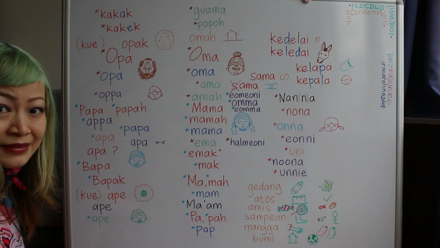In West Java, papaya. In Japanese, banana. Atos in Japanese language is hard. But atos in Sundanese or West Java is done. Done. Atos.